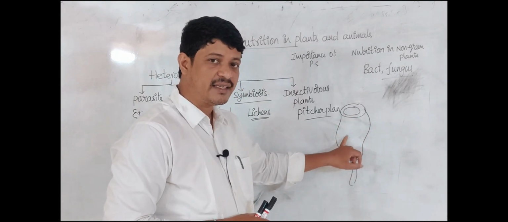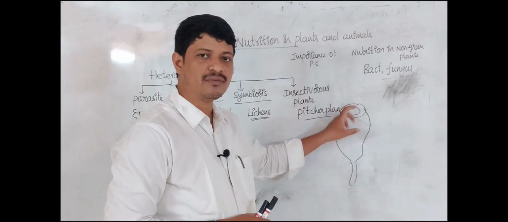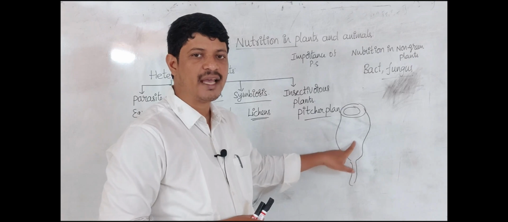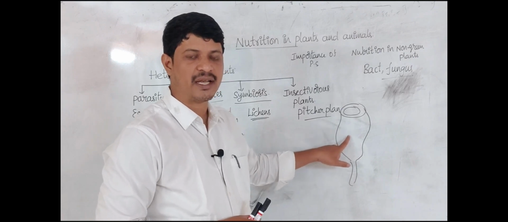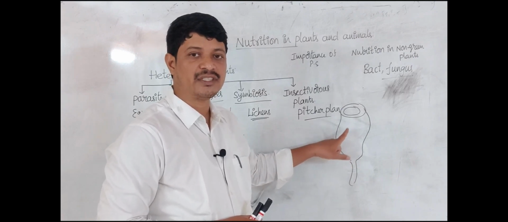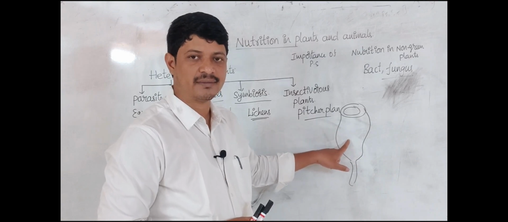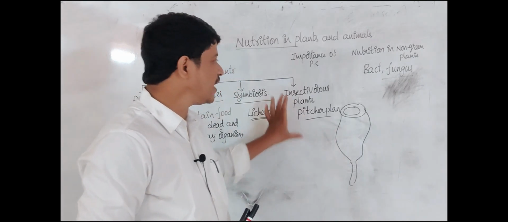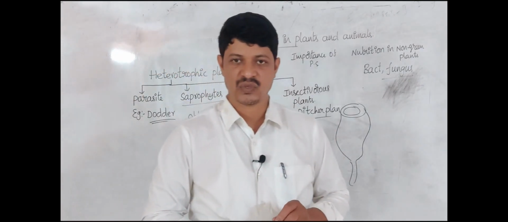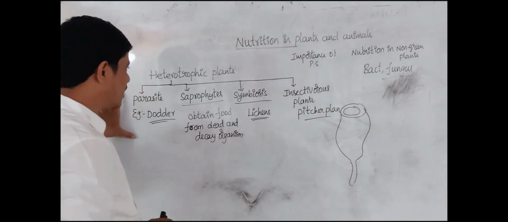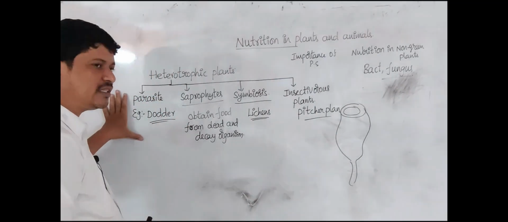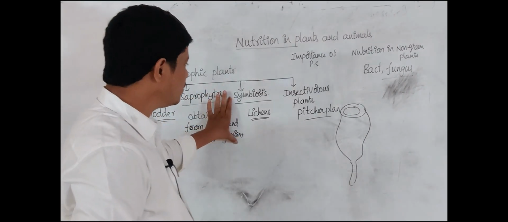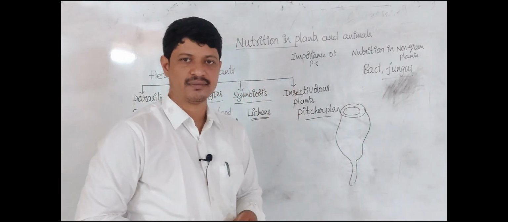When the insect enters, the outer portion of the opening becomes closed. Due to the presence of so many enzymes in this pitcher plant, the insects inside will die. This type of plant is known as an insectivorous plant.